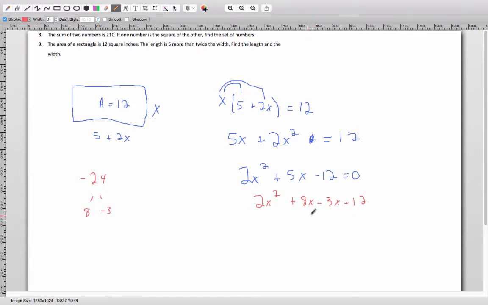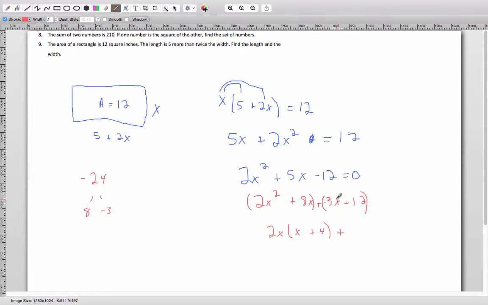And now you do factor by grouping. I'm going to group the first two and the second two. Here you factor out your greatest common factor, which is 2x. I'm left with x plus 4.